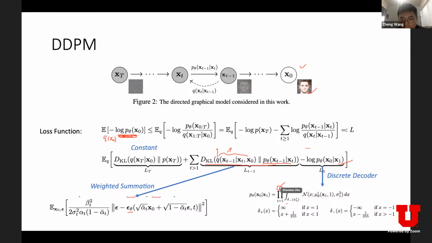What does D mean? D is the dimension of x0. Yes, it should be. Because each element of x0 is a discrete value from 0 to 1.